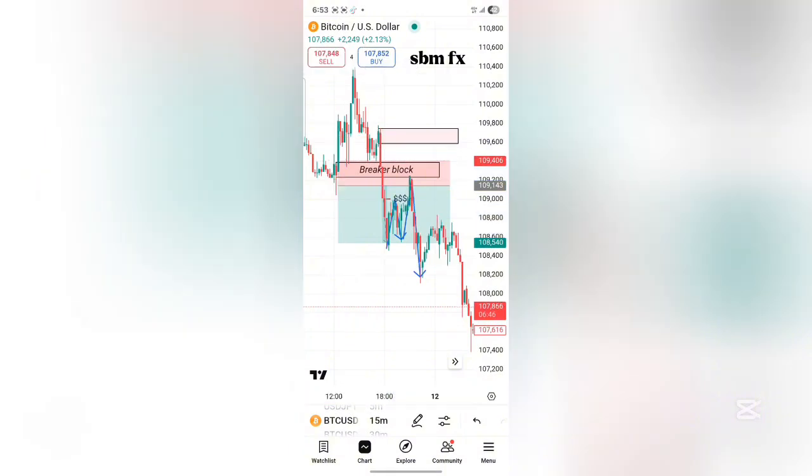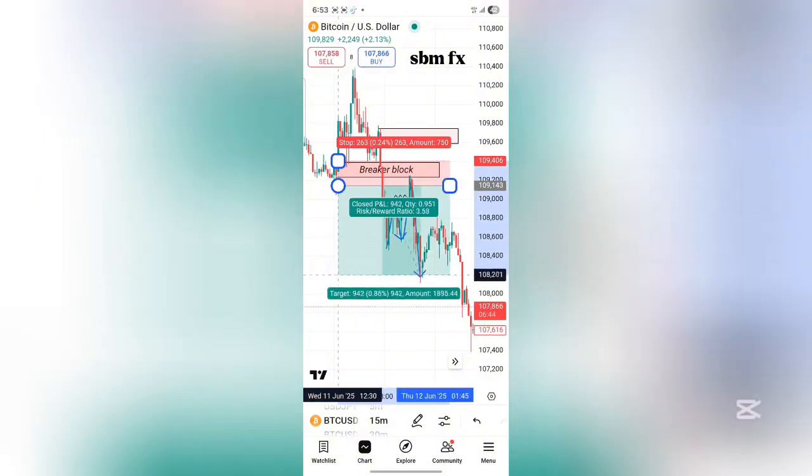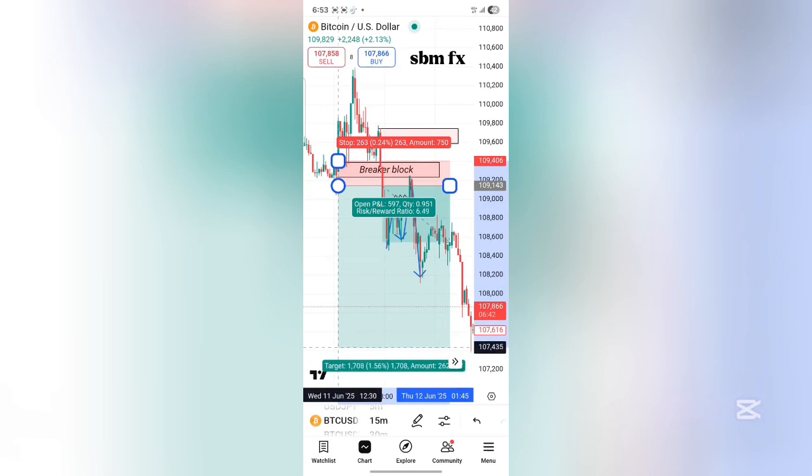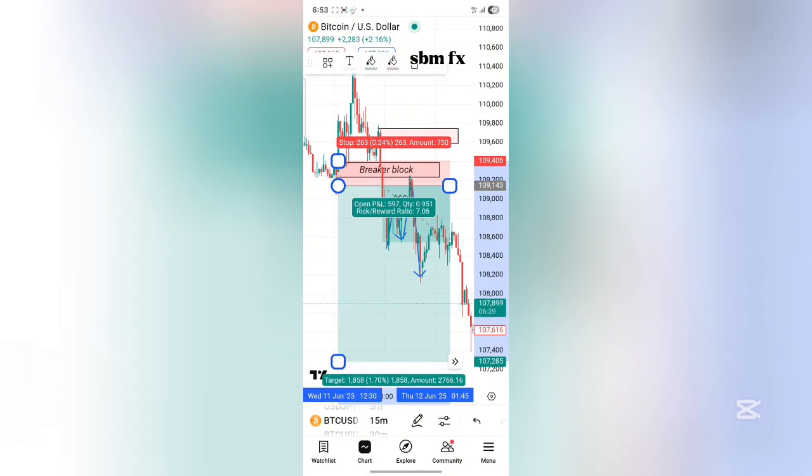Your SL should be slightly above the body of that red candle. Then you extend your position to wherever you want to put your TP. What I look out for is the next liquidity area price will likely go to. So this is for this strategy.